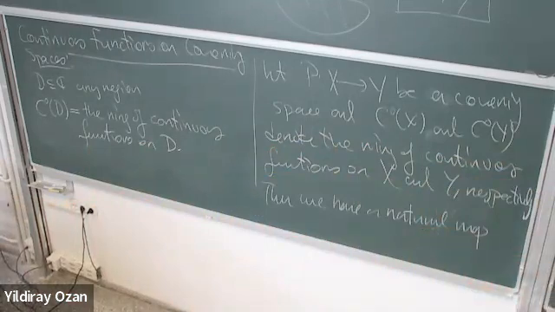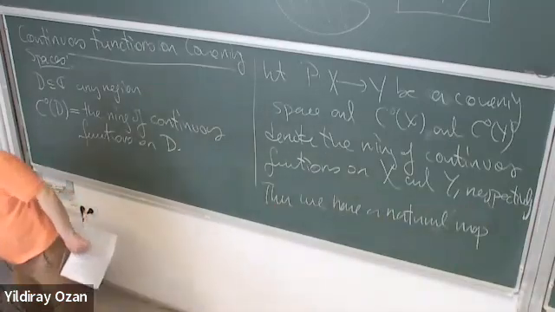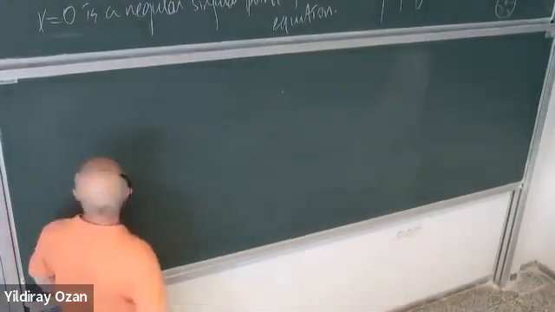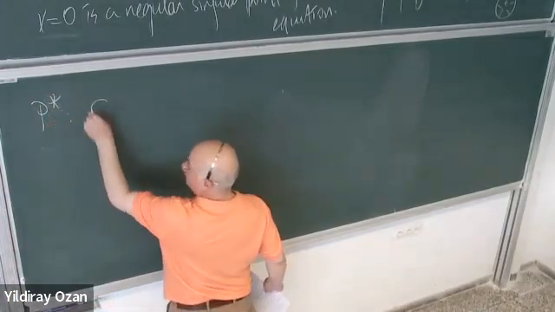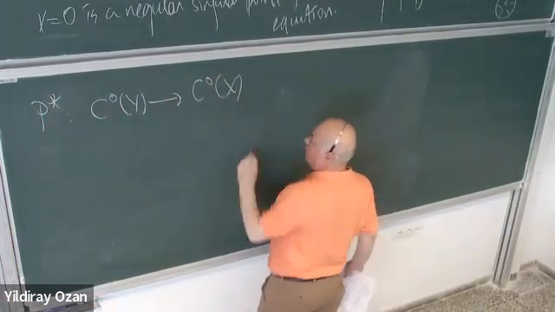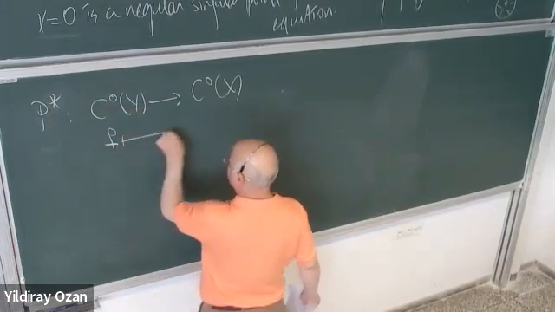We will denote the map by P star. The map P star goes from C0(Y) into C0(X). And how is it defined?